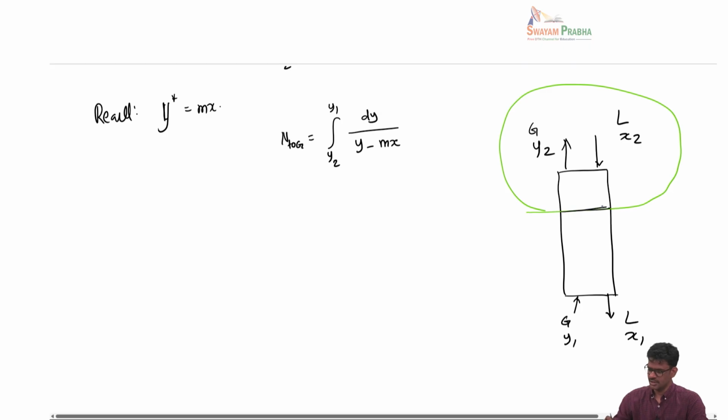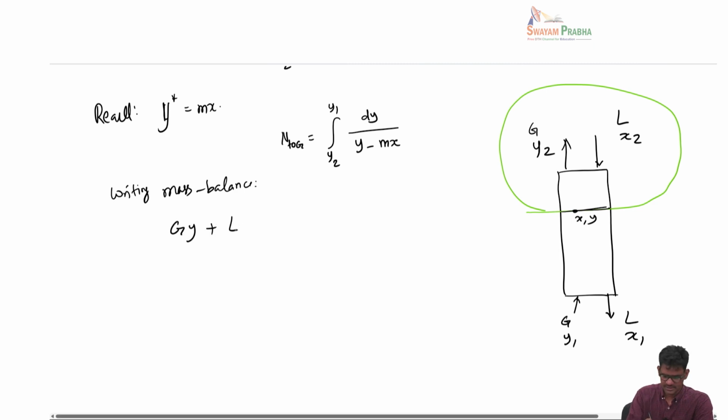At this point we will call the compositions x and y. Writing the mass balance, you'll get Gy plus Lx2 is equal to Gy2 plus Lx. This is written for countercurrent operation using the top phase composition. You can do the same thing with the lower side composition also.